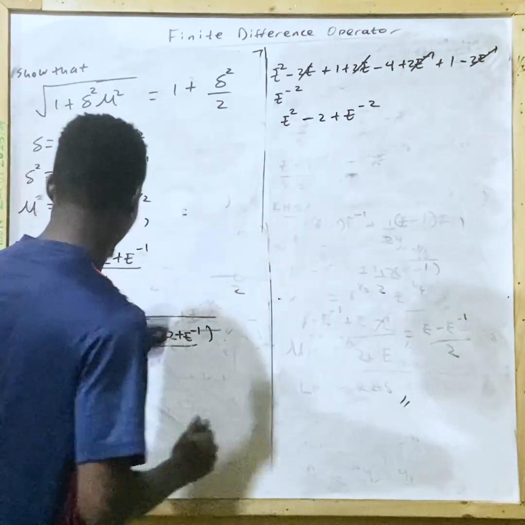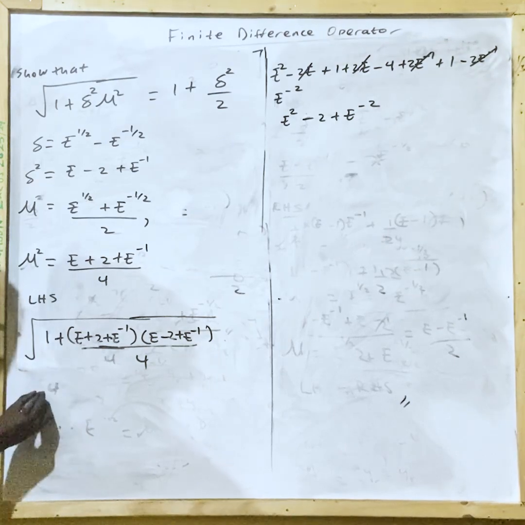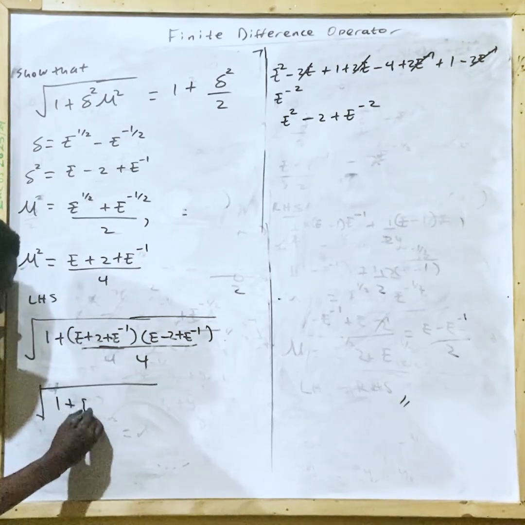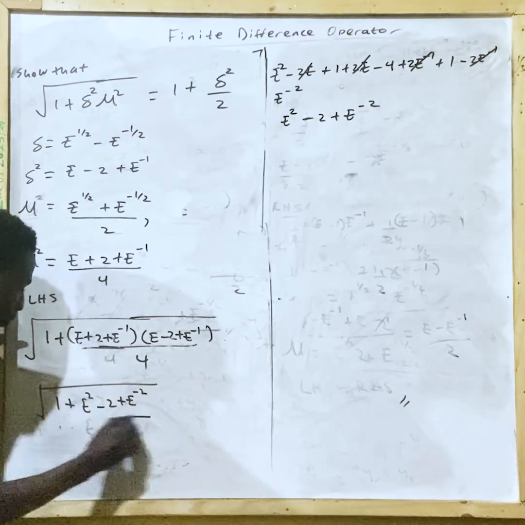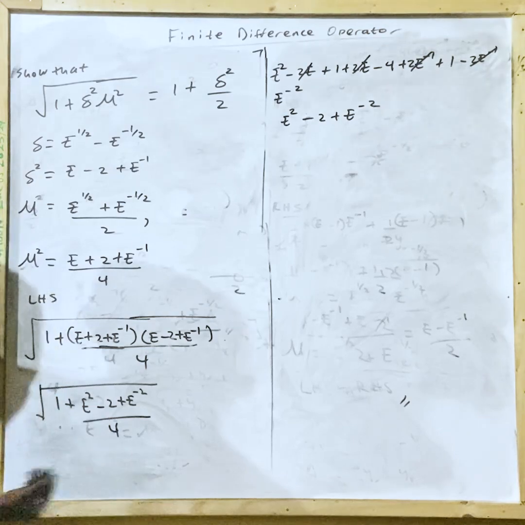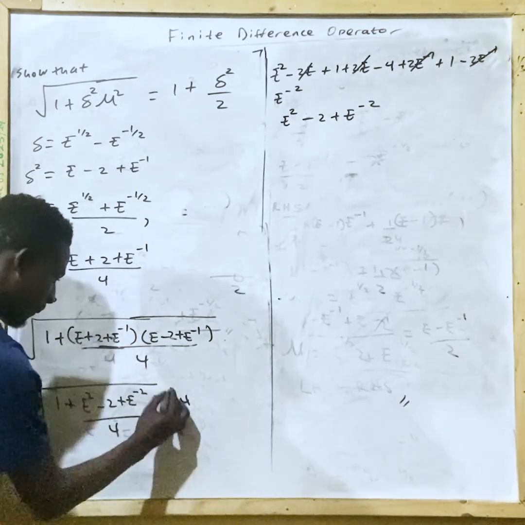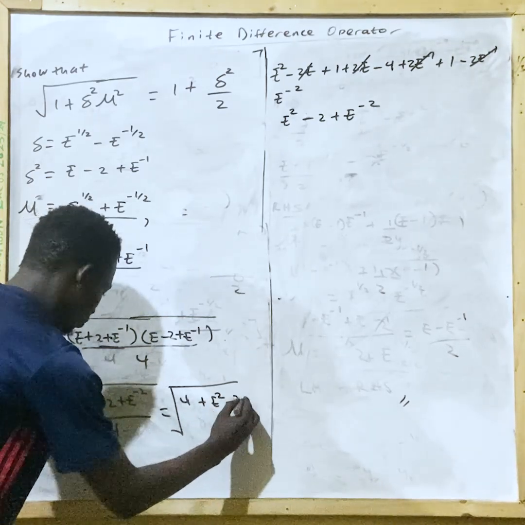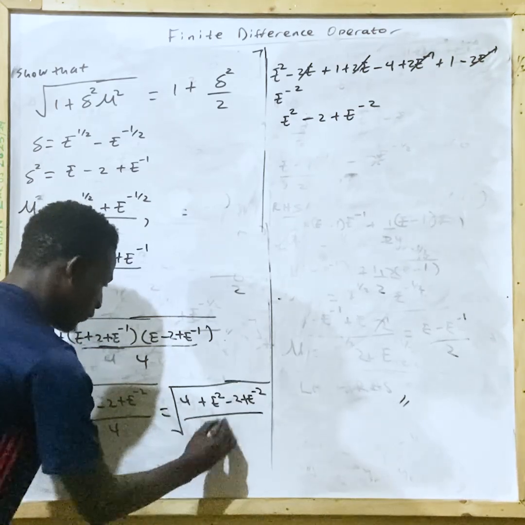So I'm bringing this here. I have my root equals 1 plus e square minus 2 plus e raised to power minus 2 over 4. Looking for your LCM, you have 4 plus e square minus 2 plus e raised to power minus 2 over 4.